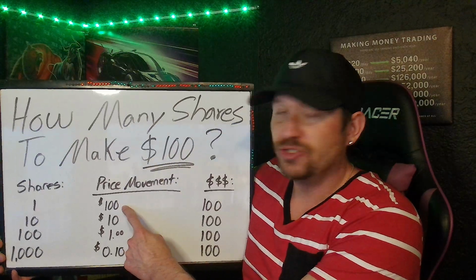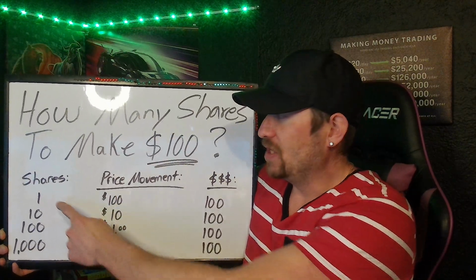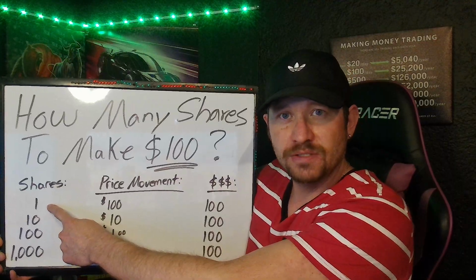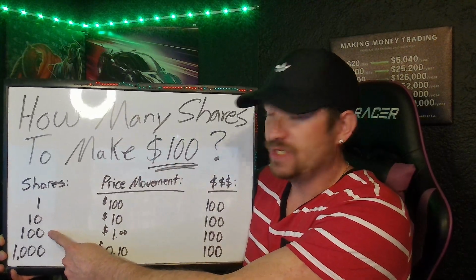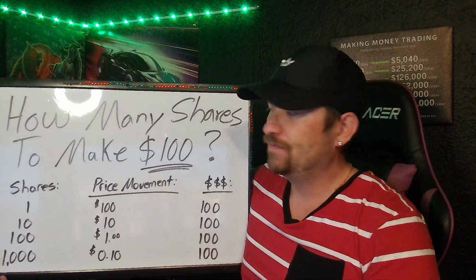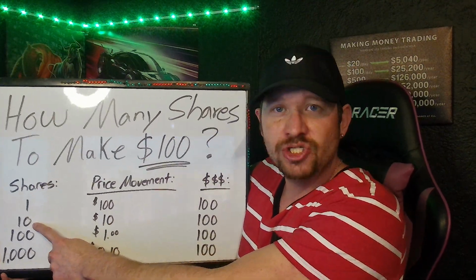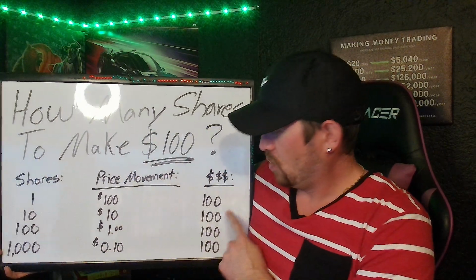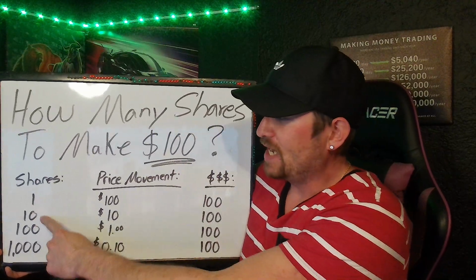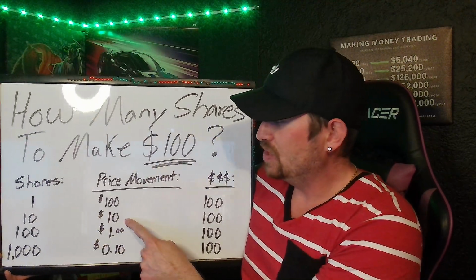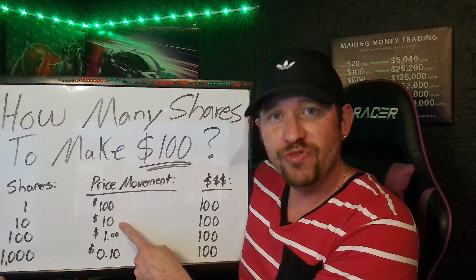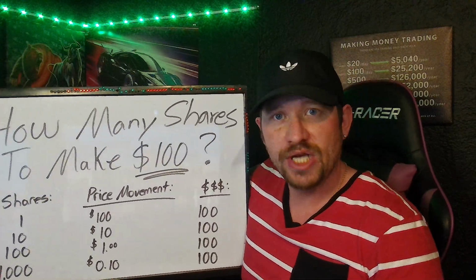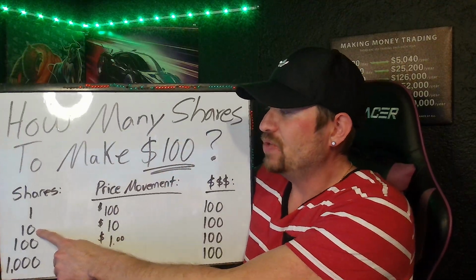You could buy 100 shares of a $1 stock, right? Which is our next one down here, and you don't need it to move as much. So, moving on, 10 shares. In order for you to make $100 by owning 10 shares, you would need at least a $10 movement on those 10 shares. So imagine you have 10 shares of a company that is $1.